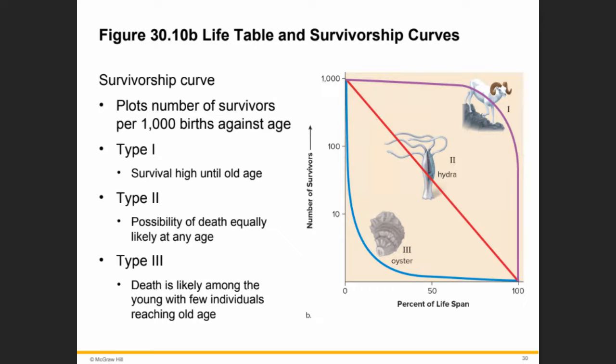On the y-axis, we put the number of survivors from birth, and then the percentage of the lifespan, 0, 50 to 100 years. Type 1 has a very high survival rate, and then when they reach old age, they start to decline.